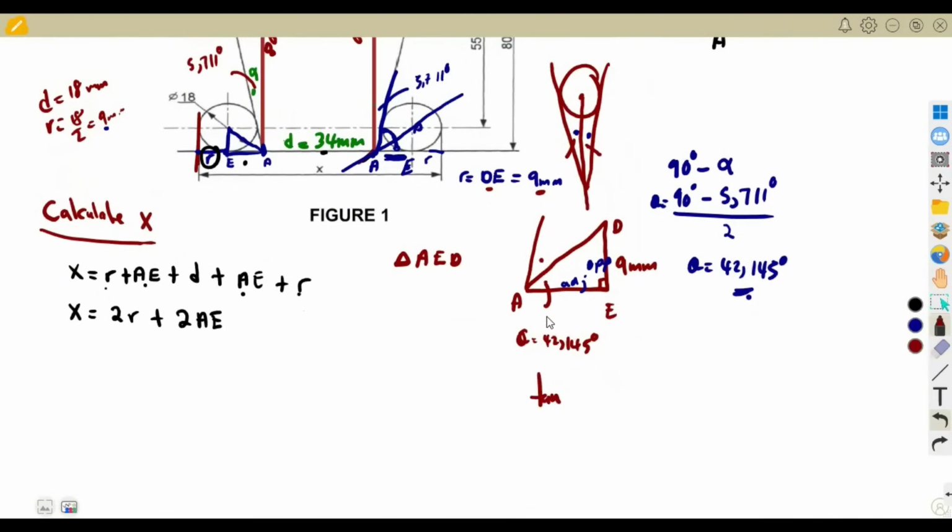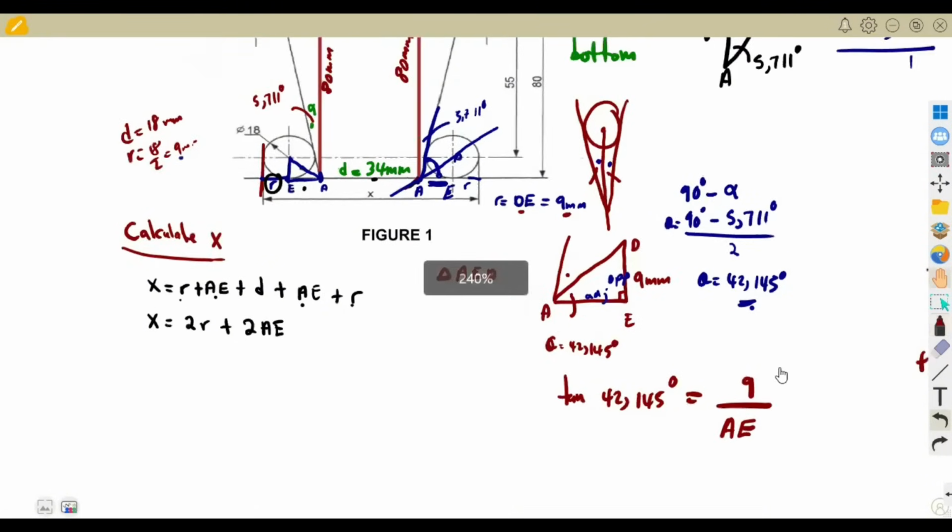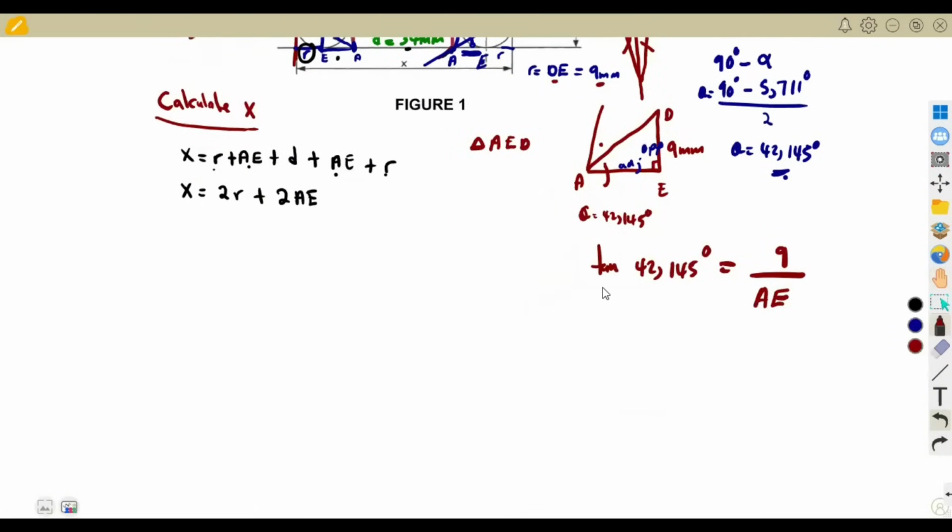The tan of theta, which is 42.145 degrees, is equal to the opposite, which is 9, our radius, over AE. By doing this, we can calculate AE. Just cross multiply, then divide.